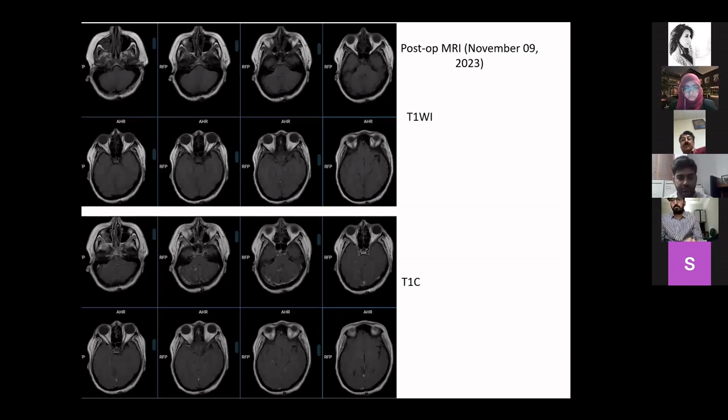So in the surgical bed, there is some enhancing residual component, which is visible, and about 80% of the tumor is resected, but there is still some enhancing component, although there are some flow artifacts in this region as well. But still we can appreciate that there is some enhancing component here. Okay.